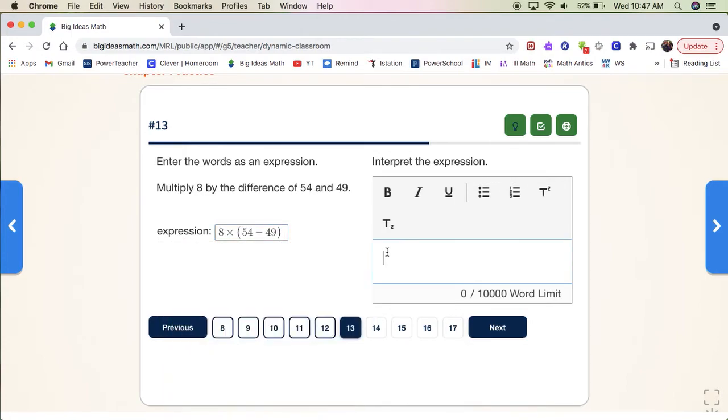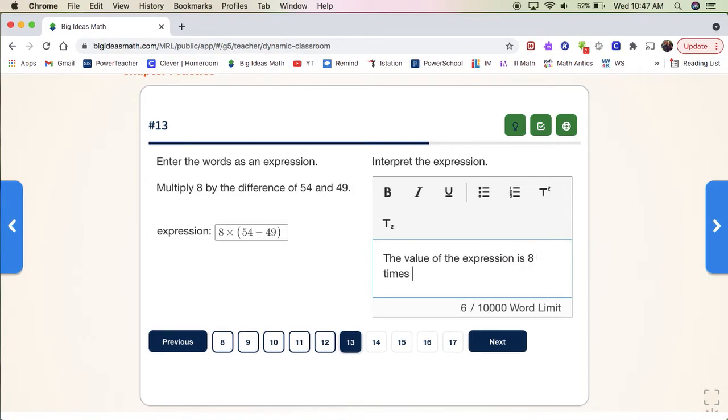So we're going to say the value of the expression is 8 times the difference of 54 and 49. You could also say the value of the expression is 8 times 54 minus 49.